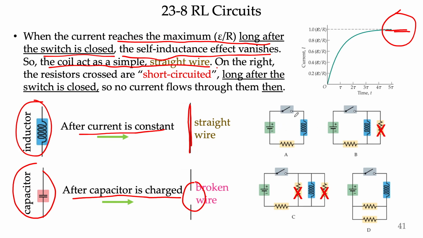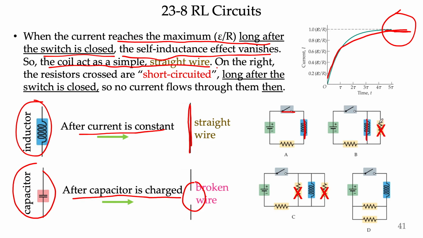Here, when I close the circuit, initially there's going to be this effect, the self-inductance. There's going to be back EMF produced, but after some time the current will be maximum, and this will act as just a straight wire. The same thing will happen in the second circuit, but what happens if this acts as a straight wire?